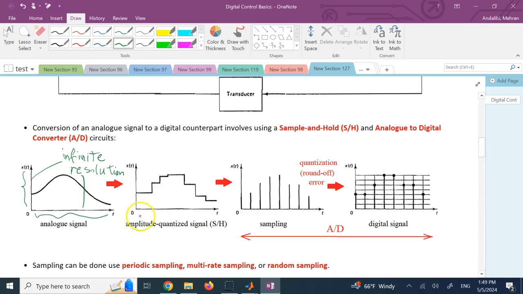The first thing you do, you use a sample and hold circuit, where let's say if it starts at this initial time point right here, then it holds the value of the signal at that level for so much of time, which is this. Then at the next time point, it reads the next value, so it comes, let's say, to here.